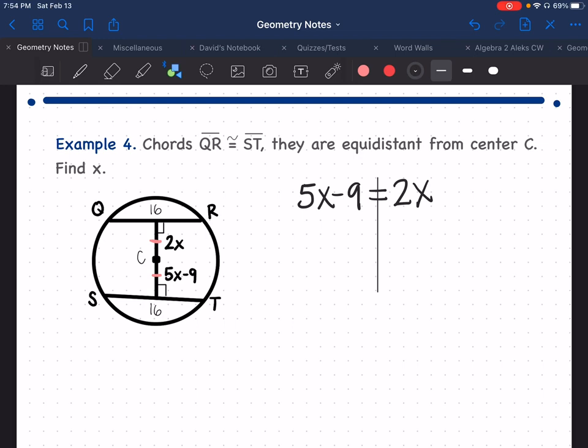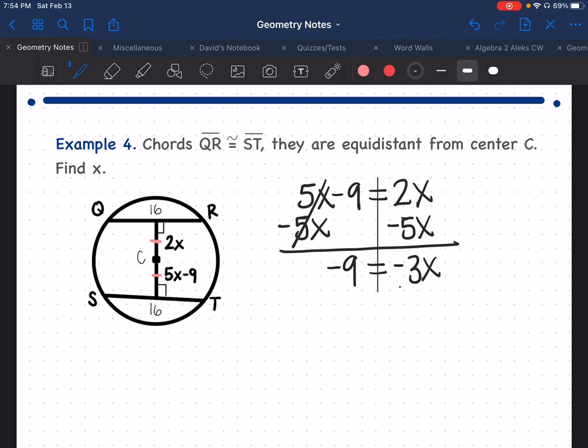Not a bad idea to draw that line through the equal sign, especially since I'm going to move the 5x this time because the 2x is already by itself. Okay? 2 minus 5 would give me negative 3x. I'm going to divide by negative 3. I know, I bet you guys were thinking, oh, miss, no. But x equals 3, and there's my final answer.